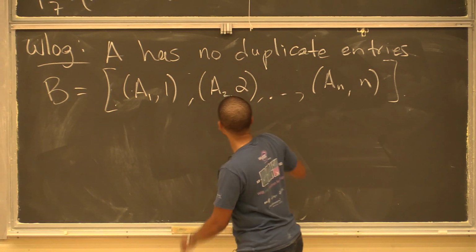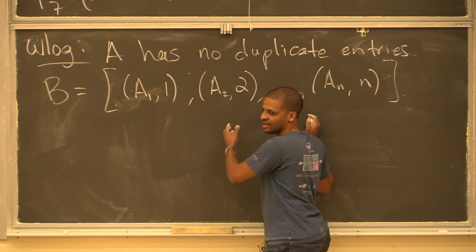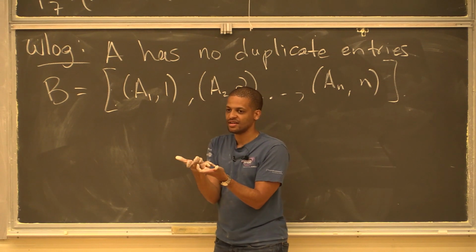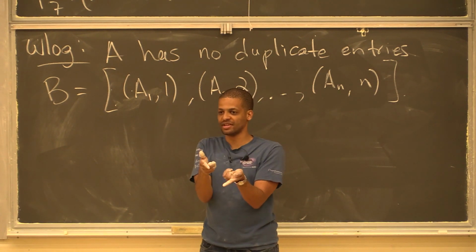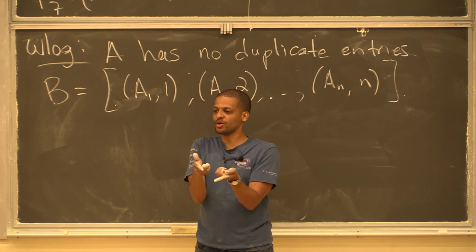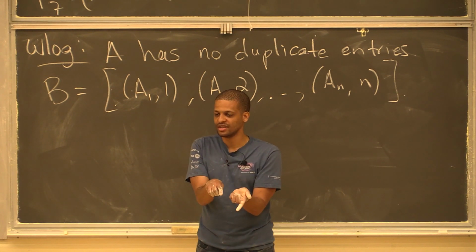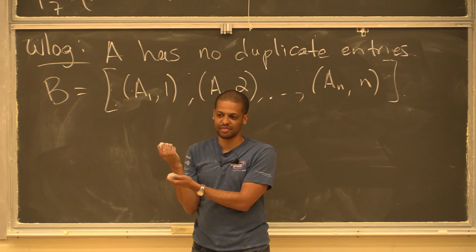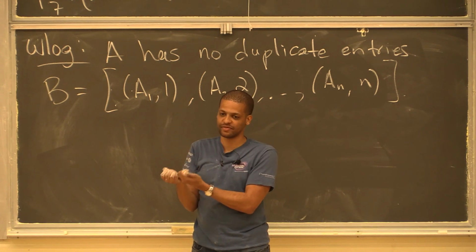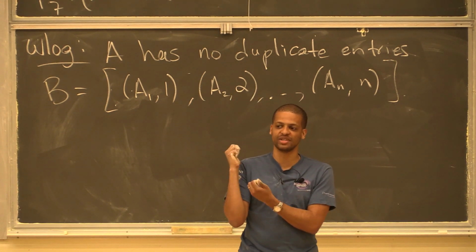When someone asks me to compare two entries in B, those two entries are pairs. I first compare the first element in the pair. If they're not equal, great, that decides my comparison for me. If they are equal, I just compare the second element in the pair. And those are guaranteed to be different, because all the second elements in these pairs are different.